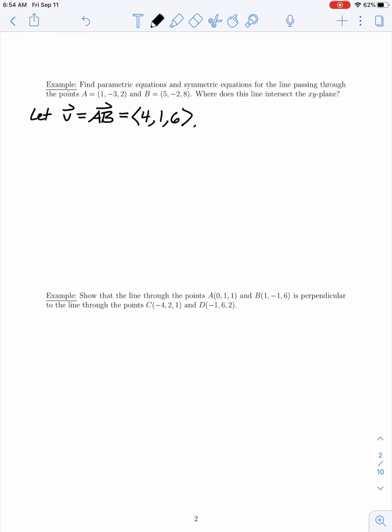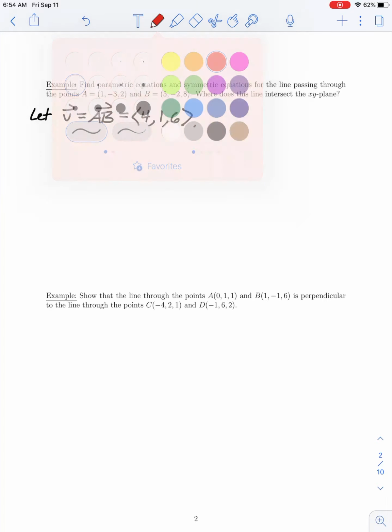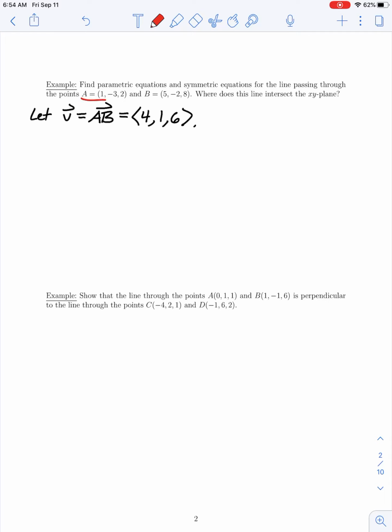So here, this is our direction vector for the line, and we have at least one point on our line. So here I'm going to use the first point A as my x0, y0, z0, and the components of this direction vector v will be what we're calling a, b, c.